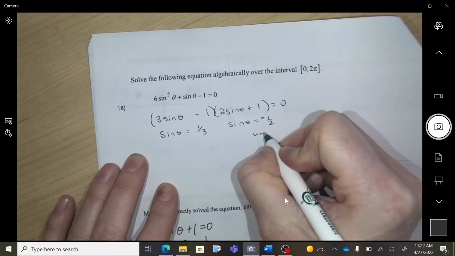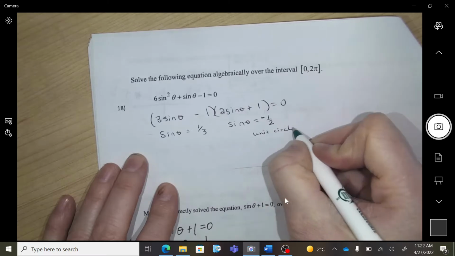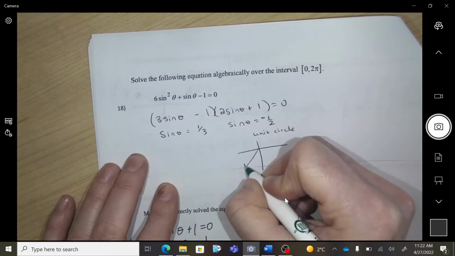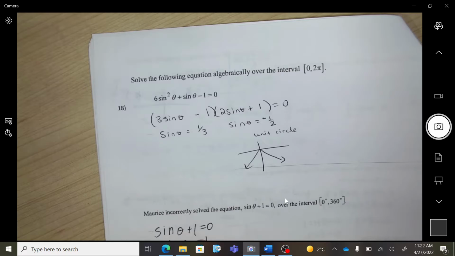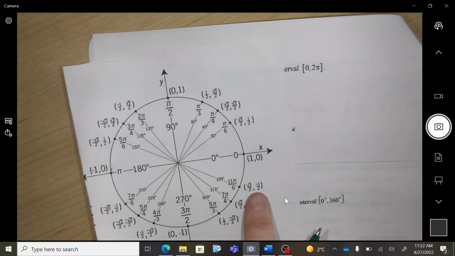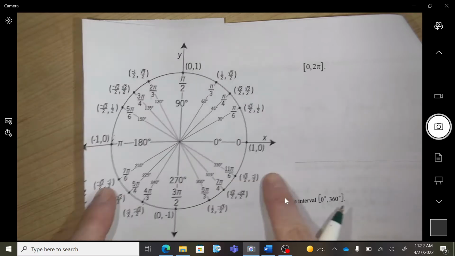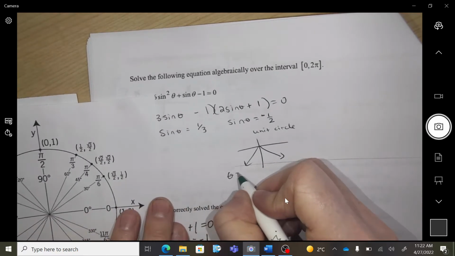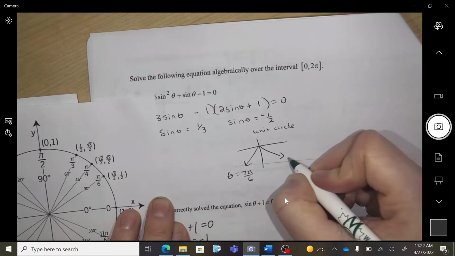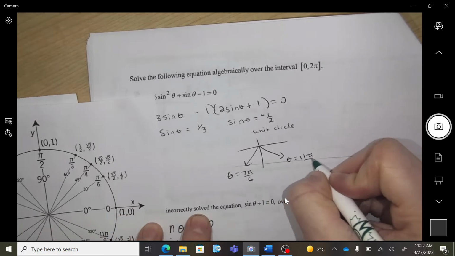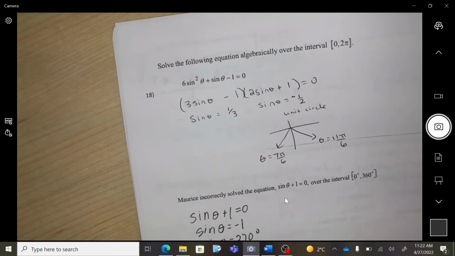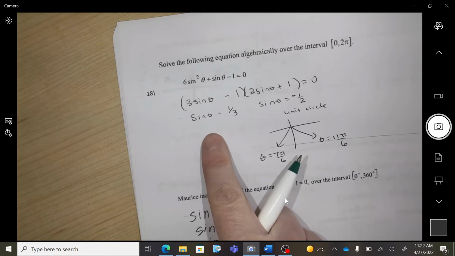This is on the unit circle, so I'm going to do that one first. -1/2. So where is y -1/2? This one is not on the unit circle.